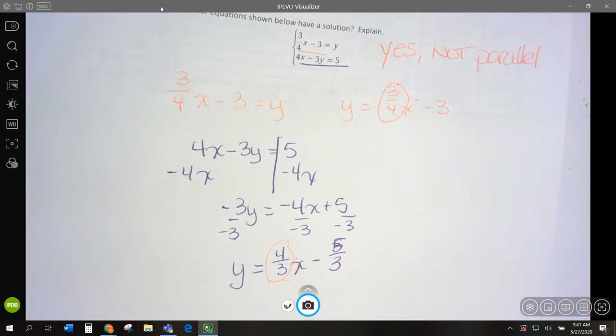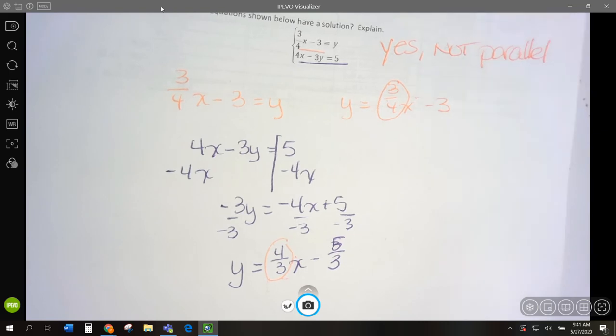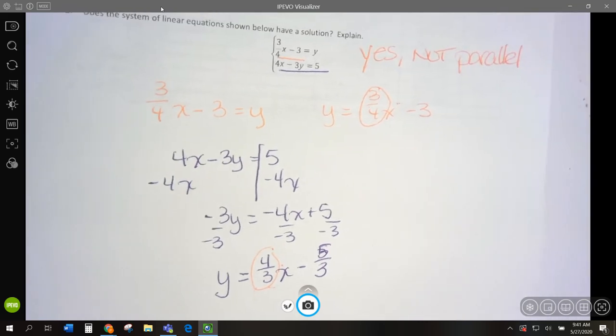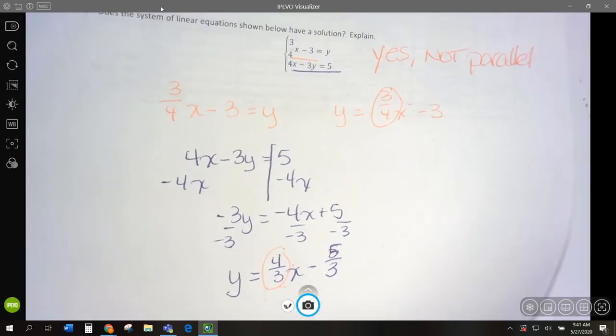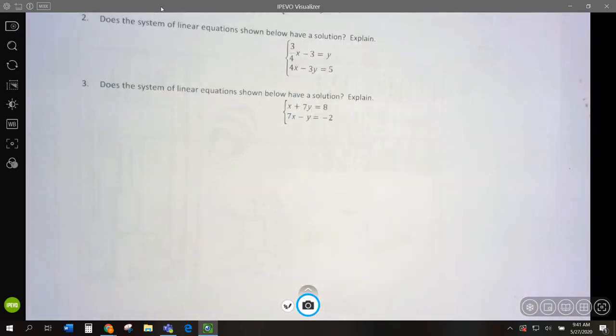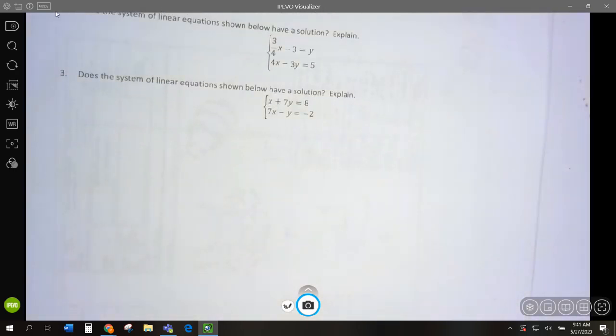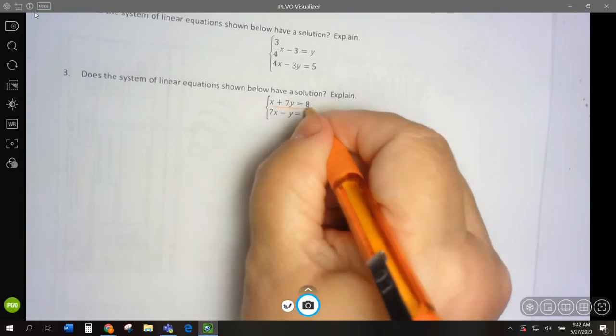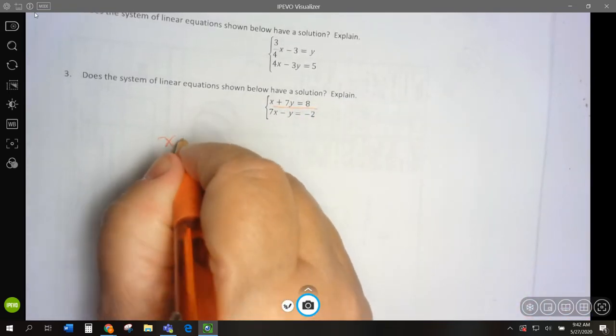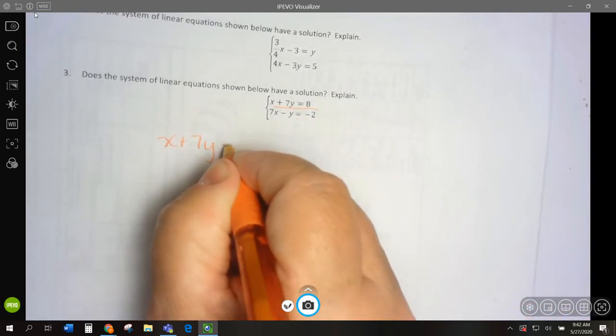Let's go on to number 3. Does this system of linear equations have a solution? So once again, let's get them into slope-intercept form. x plus 7y equals 8.